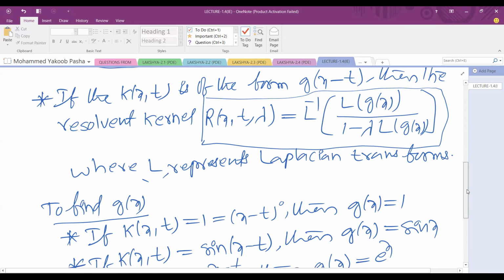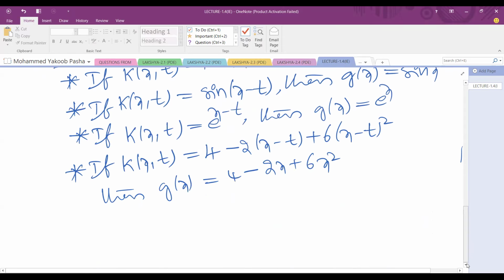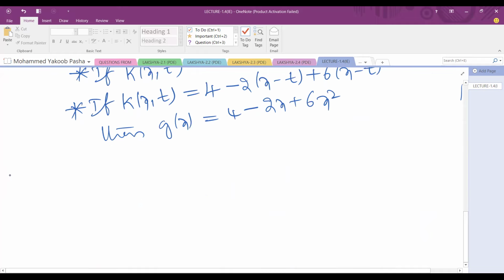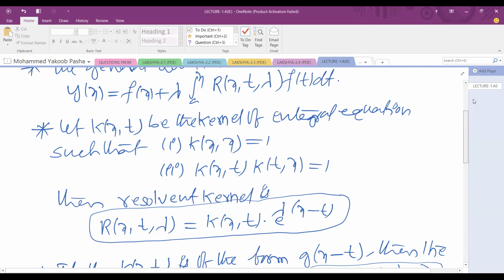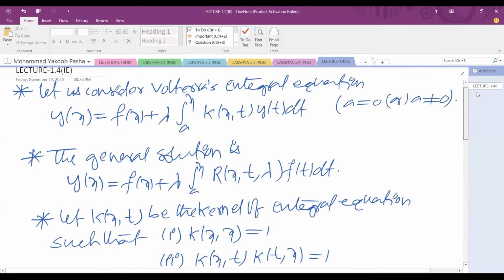Now, what is the solution? Solution means, for the Volterra integral equation we have considered, the y of x value.